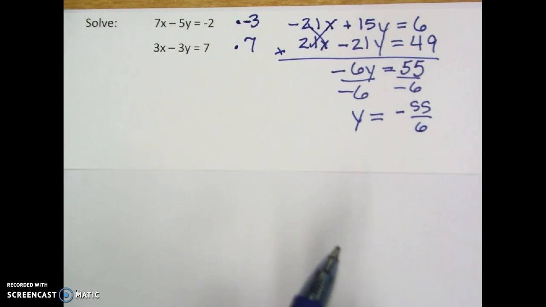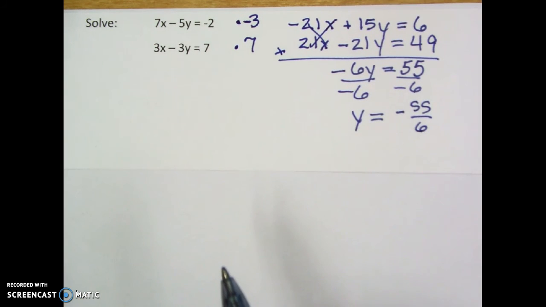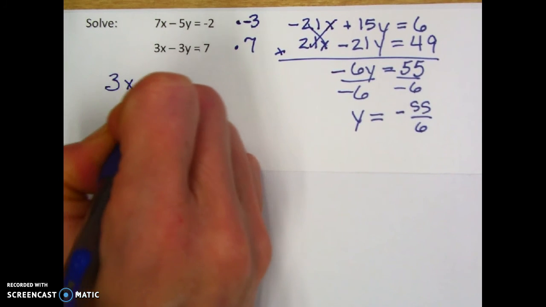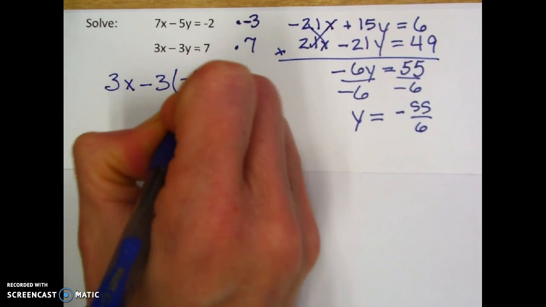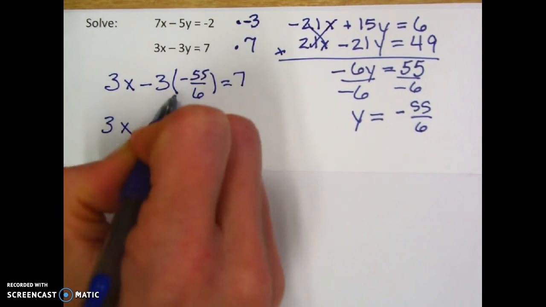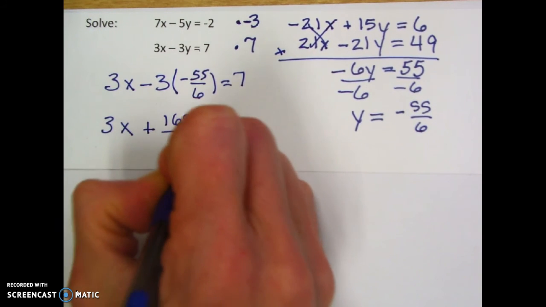Okay, now that we have y, we're going to substitute this value of y into one of these equations for y and solve for x. So again, I'm just going to use the bottom equation. Y we found to be negative 55 over 6. So when we multiply this, we will get positive 165 over 6.